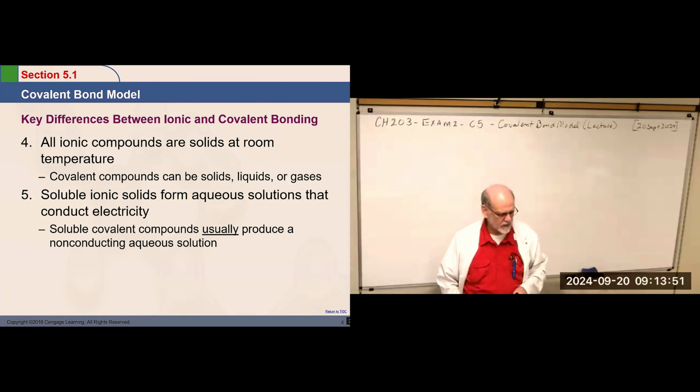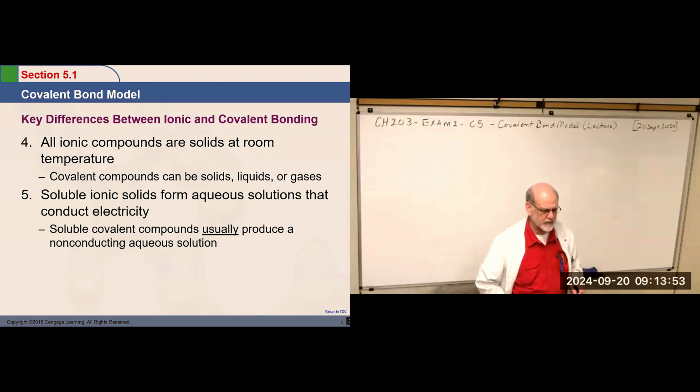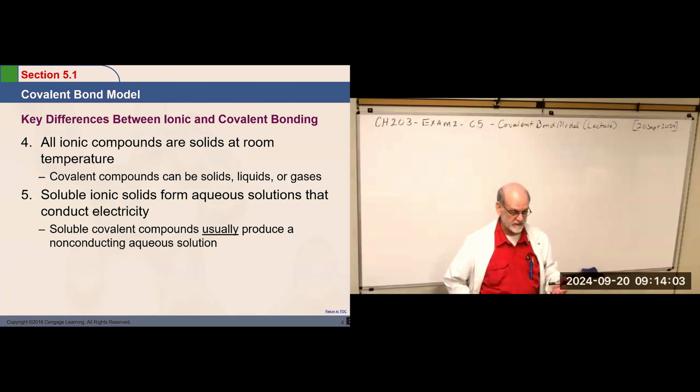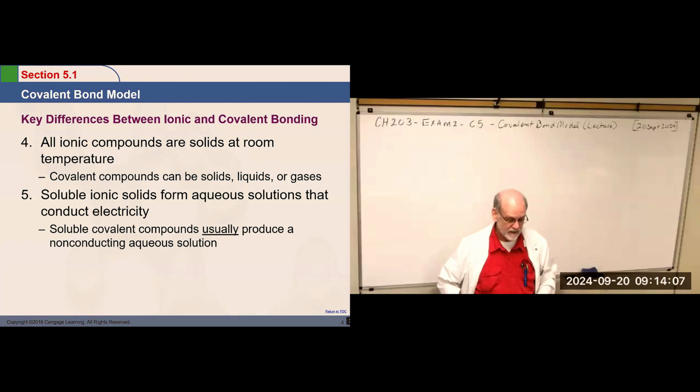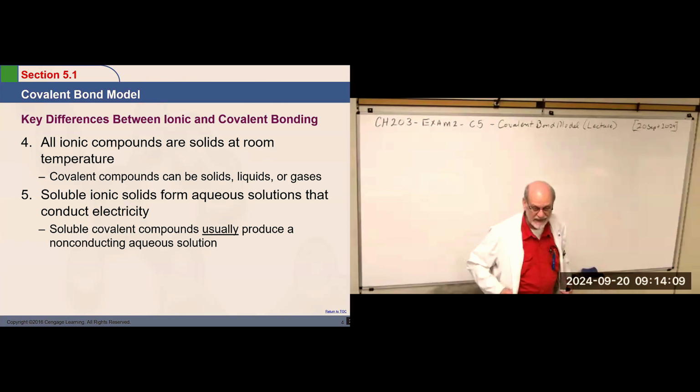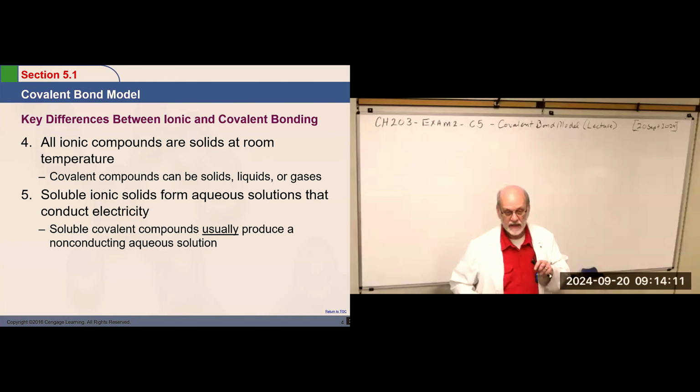Another interesting thing about covalent compounds is they usually produce non-conducting aqueous solutions. That's because they don't ionize. In other words, to have a conducting aqueous solution, you've got to have ions present to carry the current through the medium. Whereas molecular compounds can readily dissolve in water, some of them, but they don't do it by forming ions.